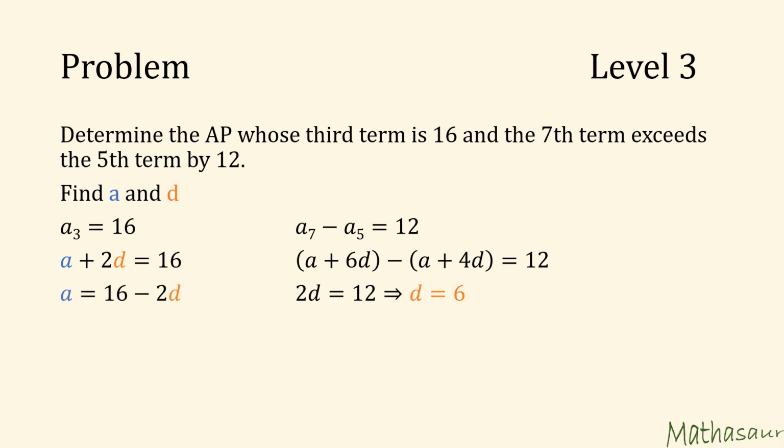Substituting this value in the first equation, we get a equals 4. Now we can easily determine the AP. The first term is 4. The next term would be 4 plus the common difference, which is 6. 4 plus 6 gives us 10. The next term would be 10 plus 6, 16. The next term would be 16 plus 6, and so on.